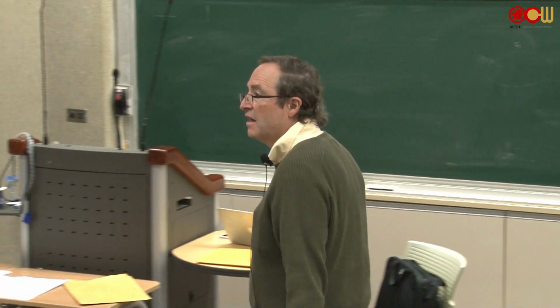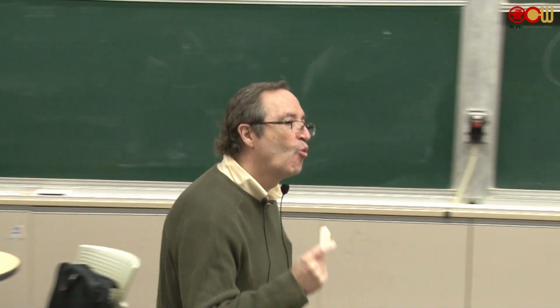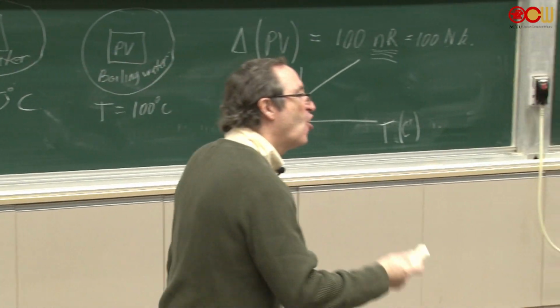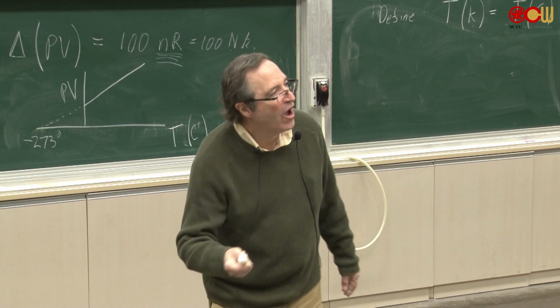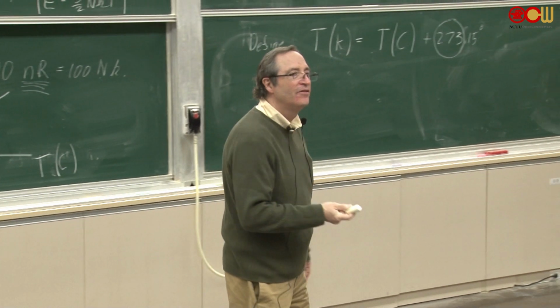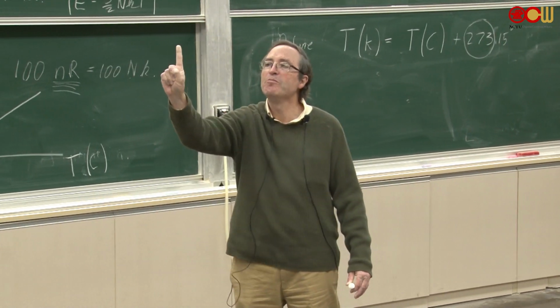What has been standard up until, I think, a couple weeks ago, literally, is 12 grams of carbon-12, I believe it is. 12 grams of carbon-12 is defined as 1 mole.